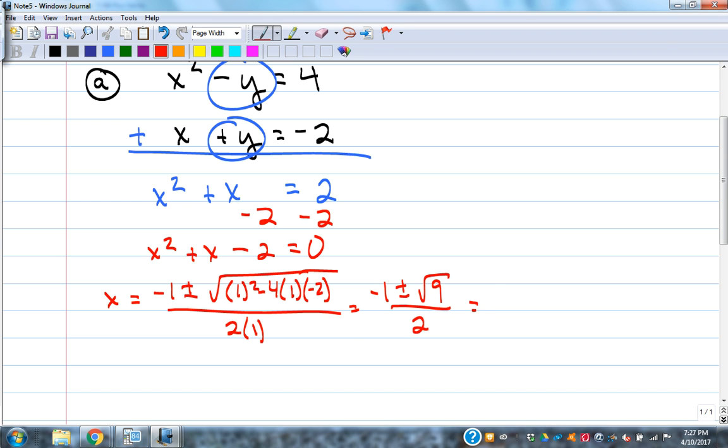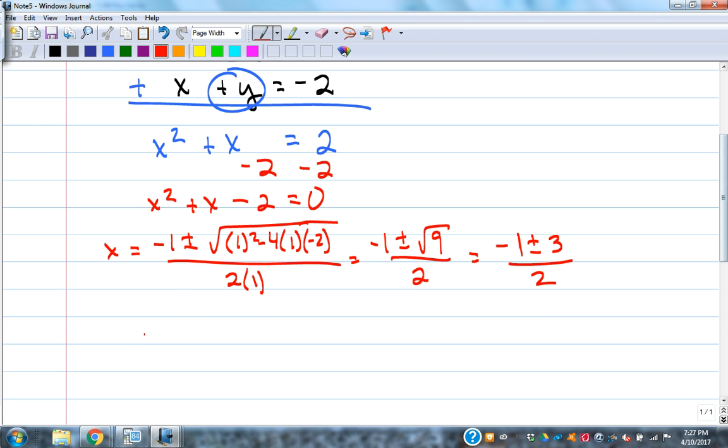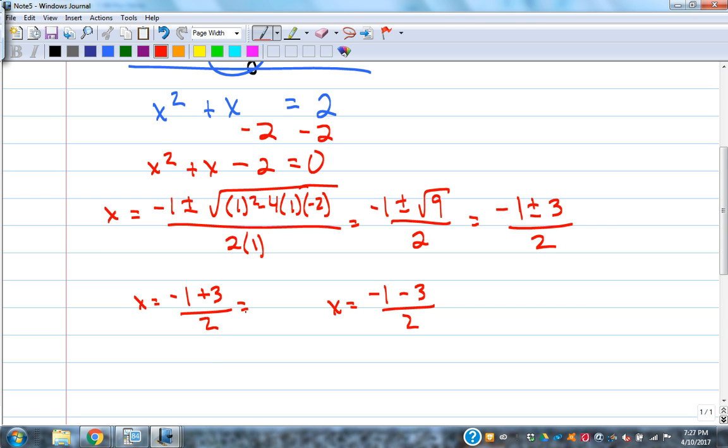What's the square root of 9? 3. So I end up with negative 1 plus 3 over 2, negative 1 minus 3 over 2. That'd be 1. That'd be negative 2. I get 2 answers for x.